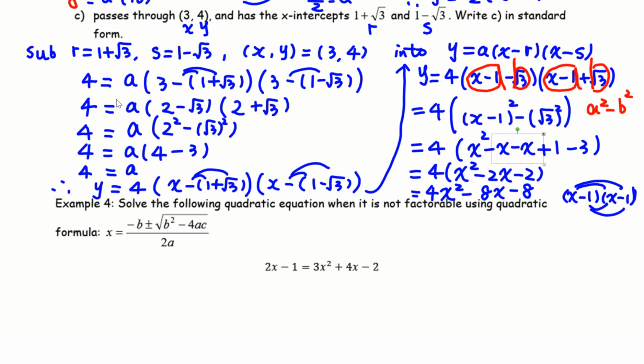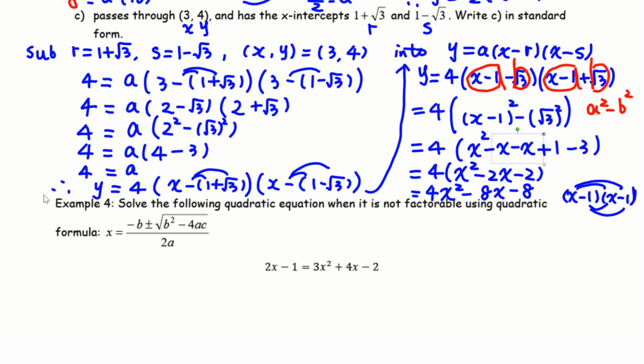So this is how to use given information to find the equation, and this is very useful when you have a certain set of data. You see you have 3 points, then you are able to find the equation of that quadratic equation, and by having that equation you are able to predict. It doesn't matter what x value, you are able to find the y value, or given y value, you are going to be able to solve for x value.